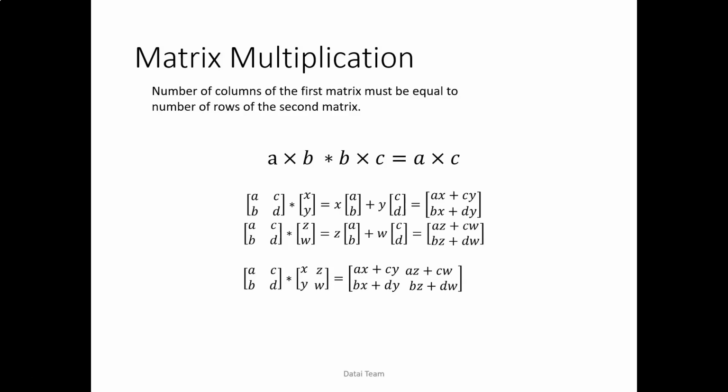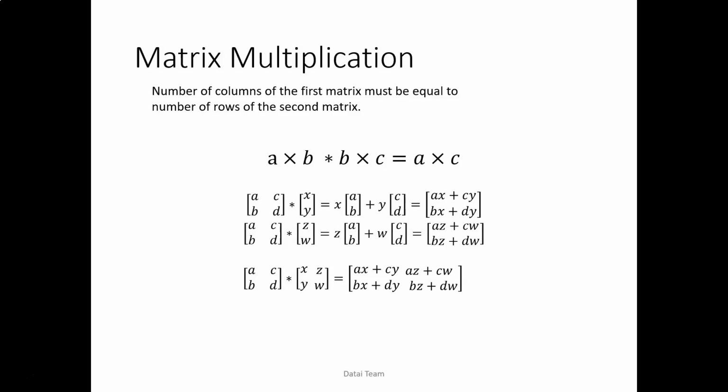We have a 2 by 2 matrix. We have ax plus cy, bx plus dy as our first column, and for our second column, we have az plus cw, bz plus dw.